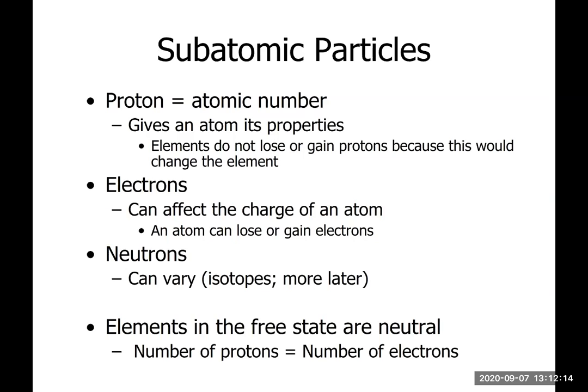Protons also are derived from the atomic number of an atom. So the atomic number, as shown on the periodic table, equals the number of protons. And if you have a neutral atom, and all elemental atoms that are shown on the periodic table are neutral, this also tells you the number of electrons.